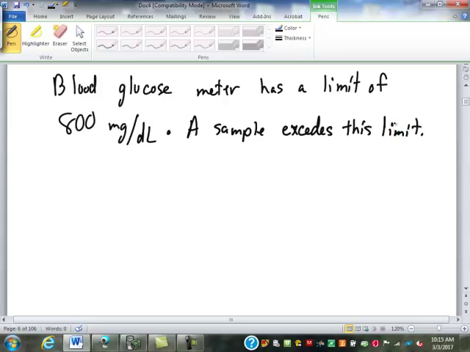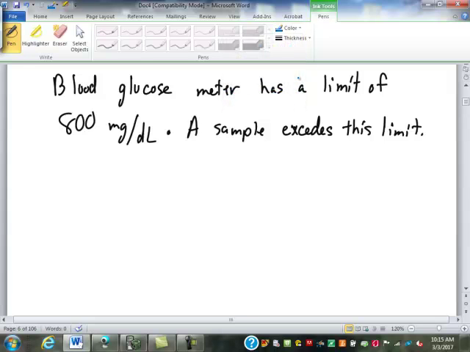So basically, when we go to test this sample of blood, the meter won't read it because it's off the limits of the meter. In fact, in many cases, even if you test a sample of blood and you're getting something in the high 700s, it's getting close to the limit of the meter, it would be a good idea to go through this process just to make sure you weren't actually exceeding the meter's limit, and it was just giving you that false reading.